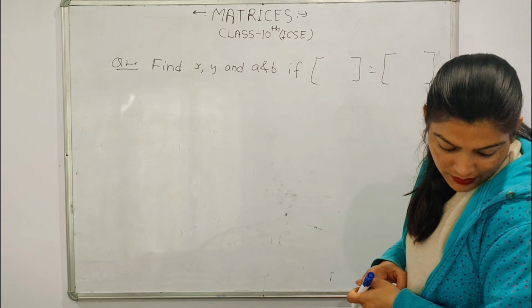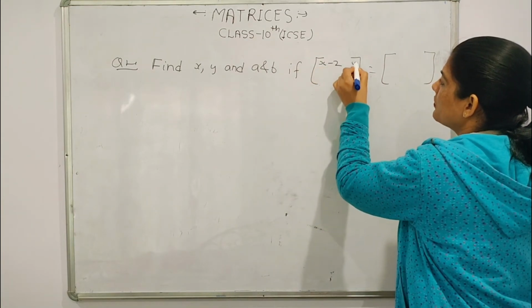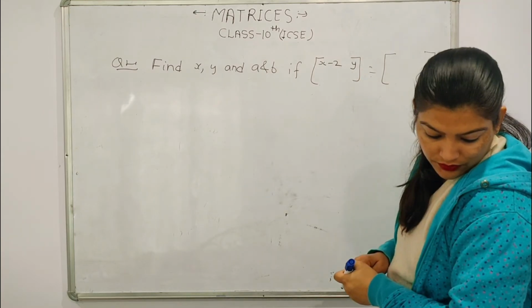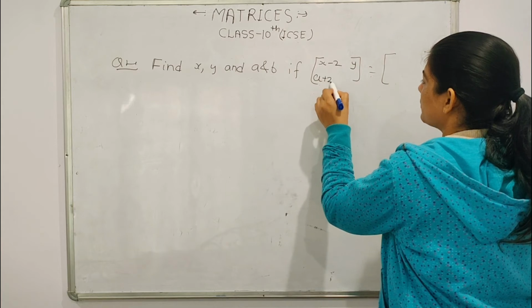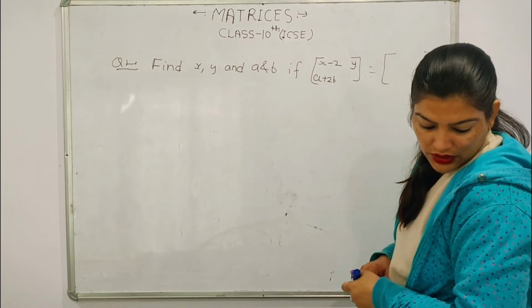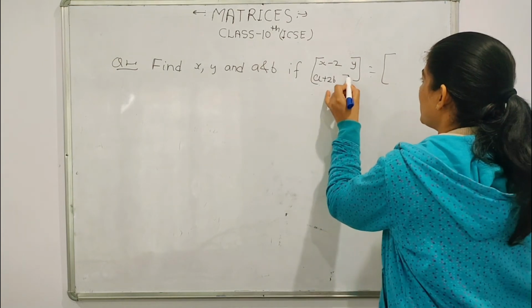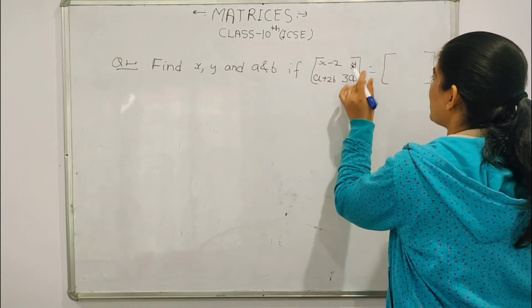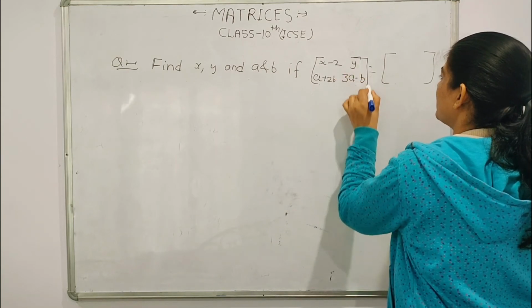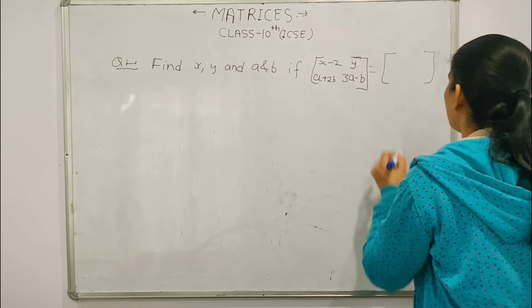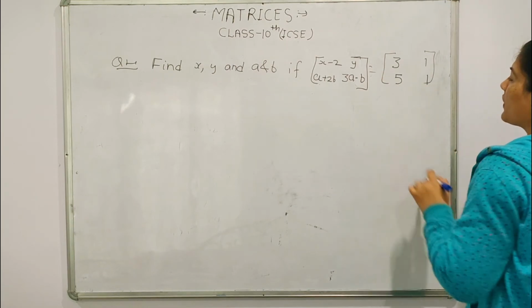Those are x minus 2y and second is a plus 2b. The last one is 3a minus b. And here the matrix is 3, 1, 5, 1.